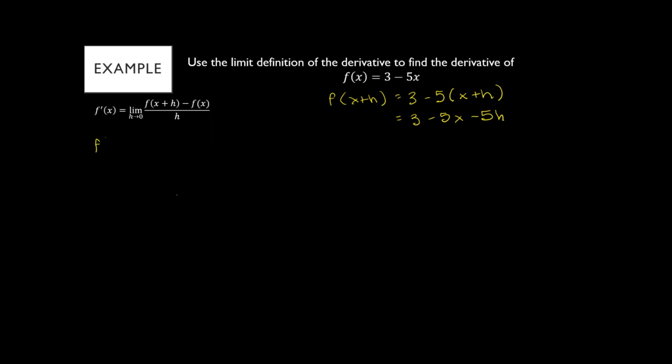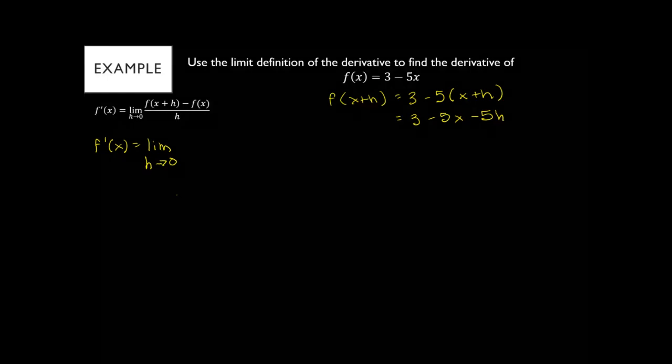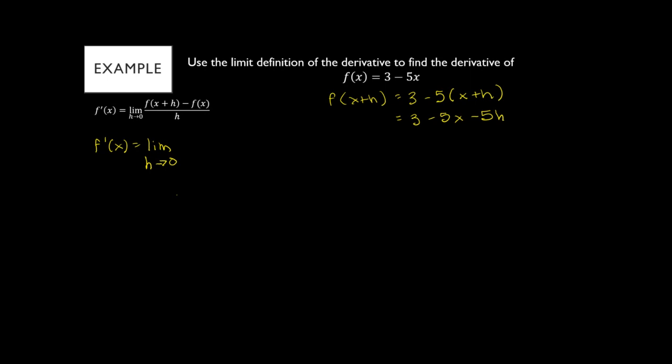So I've got f prime of x equals, and every time you do this, you have to make sure you are writing down limit as h goes to 0, because that notation doesn't go away until you've taken the limit and h is gone, essentially. As long as you still have an h in your formula, you haven't actually done the limit, that stays there.